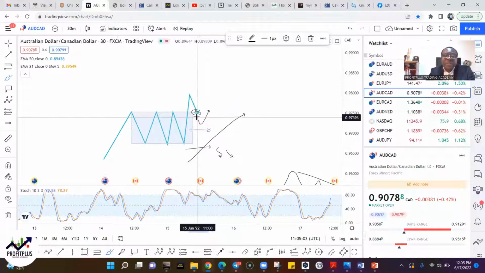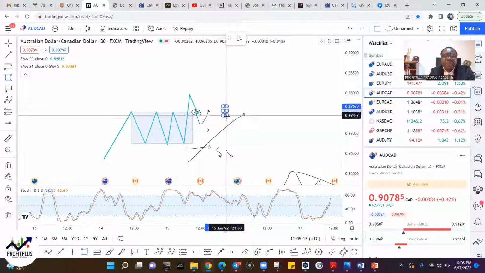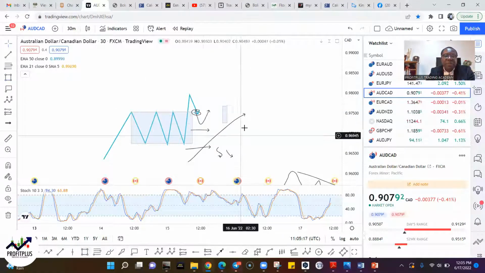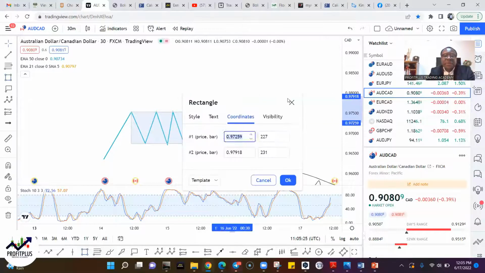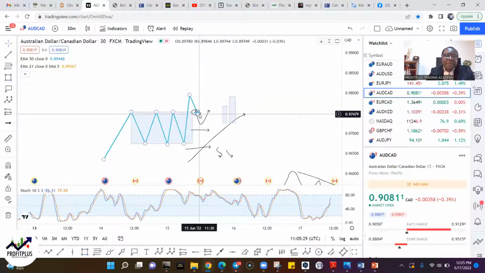But one of the safest trades to take, if you see a good candlestick formation here, maybe you are seeing a bullish engulfing pattern right there around this area of retest, the retest of the key level.